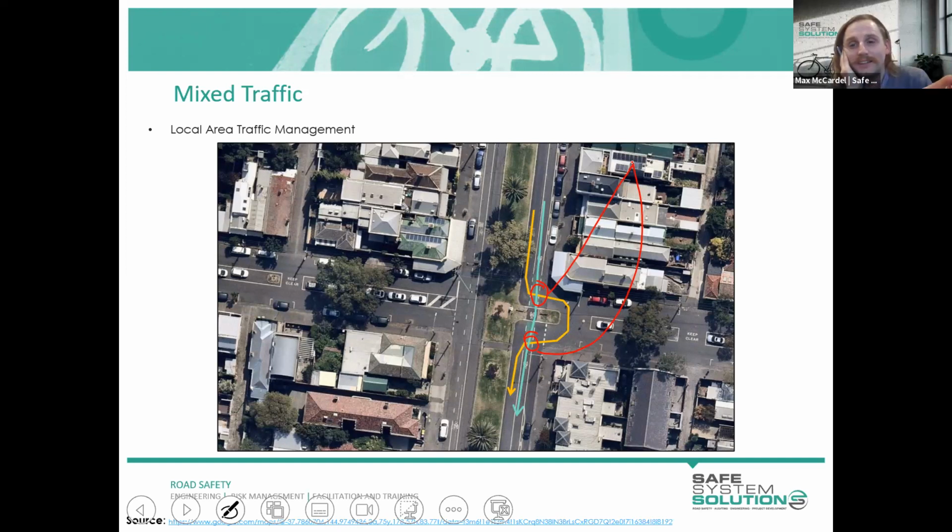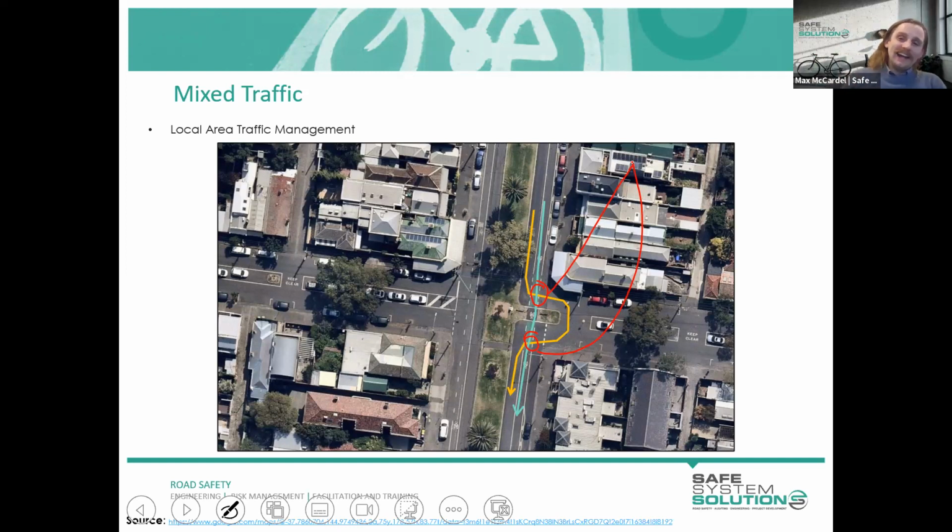So they tried to make it less permeable, or make it less easy to get from A to B. By installing this, you have reduced the amount of traffic volume heading through this street anyway. So it's likely just going to be local traffic there, just residents that live on this street or the adjacent streets. So yeah, there's an argument for and against this particular site as to why or why not to install this type of treatment.